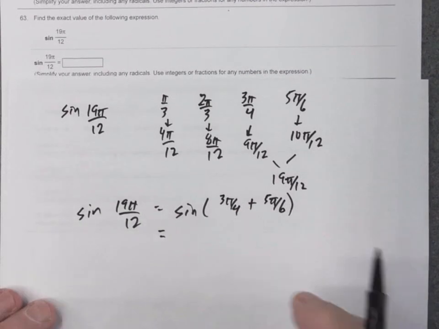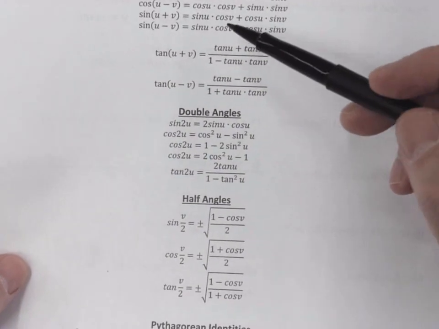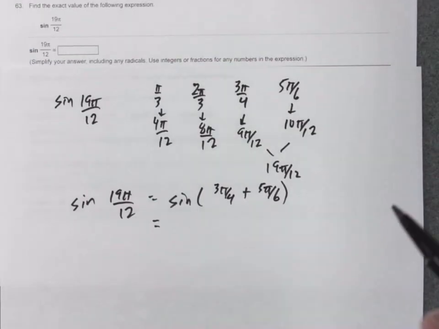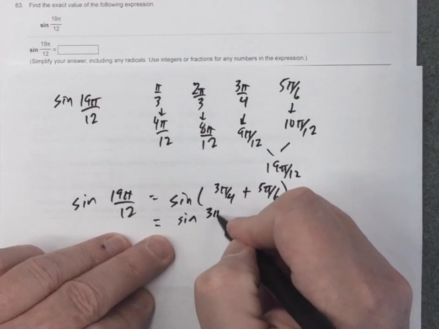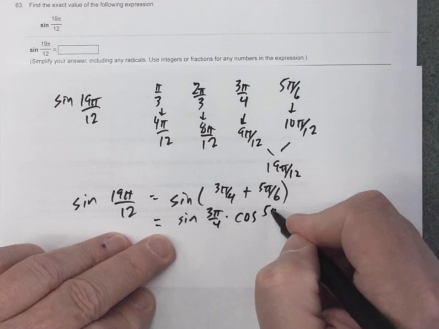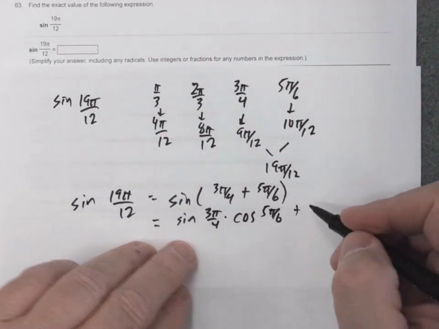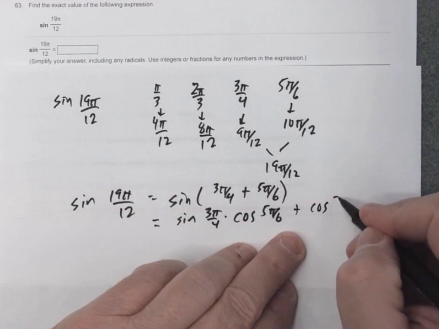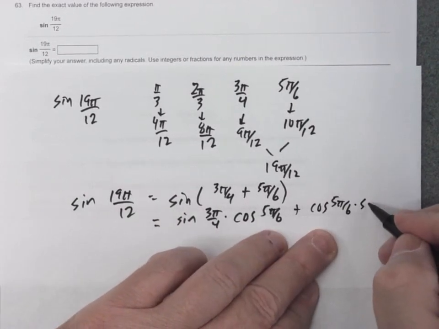Now if I use my formula sheet, once again this is the sum of adding two angles together. Sine cosine, and then plus cosine sine.